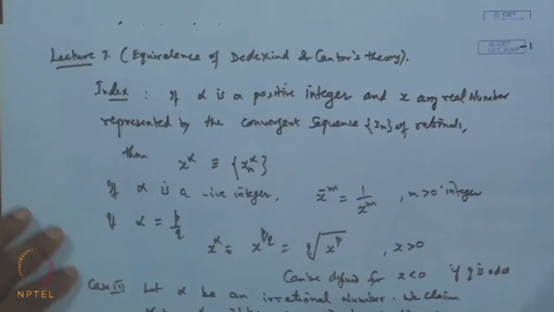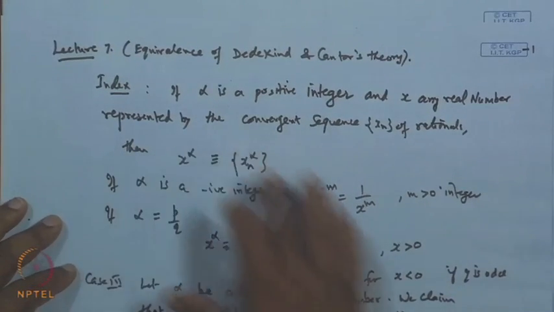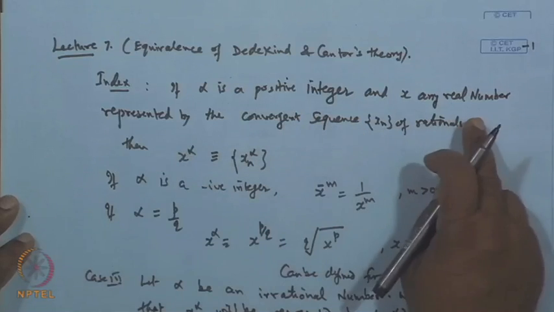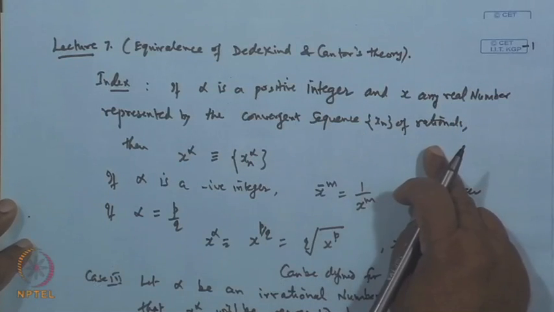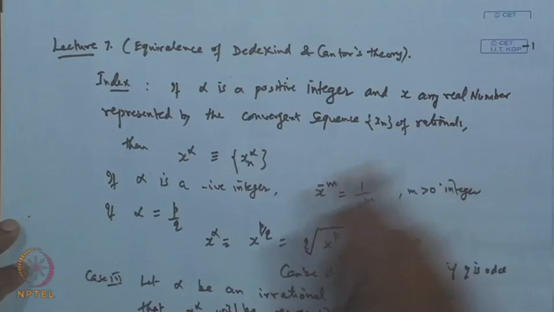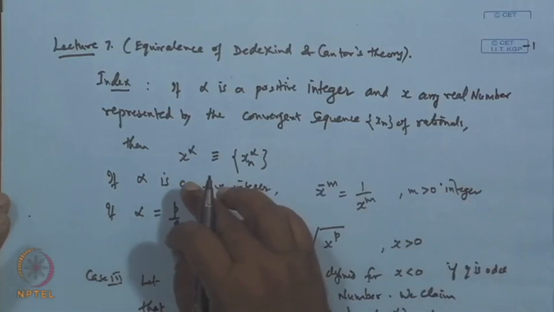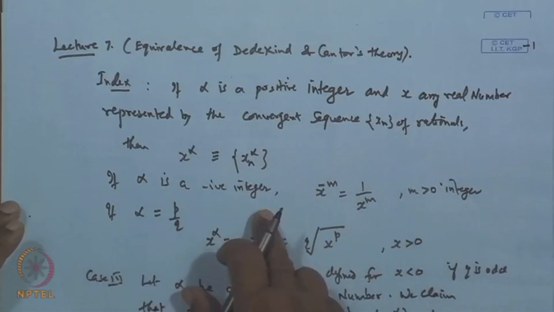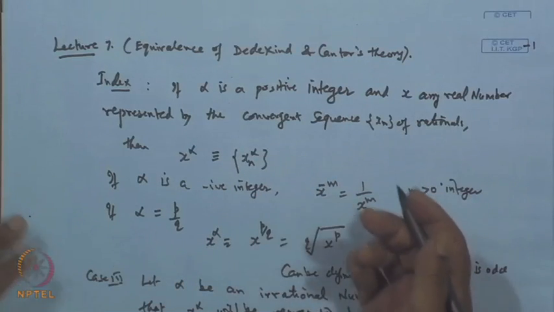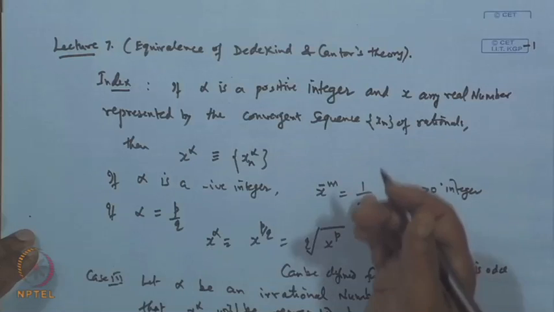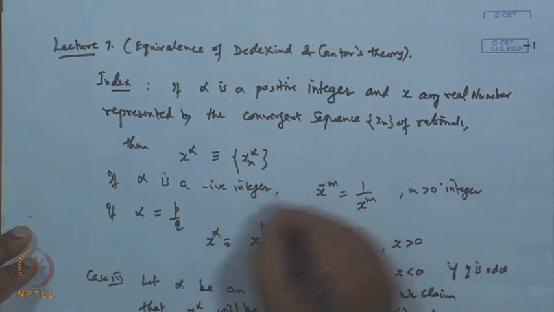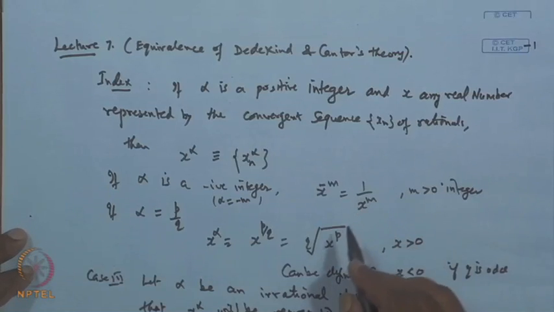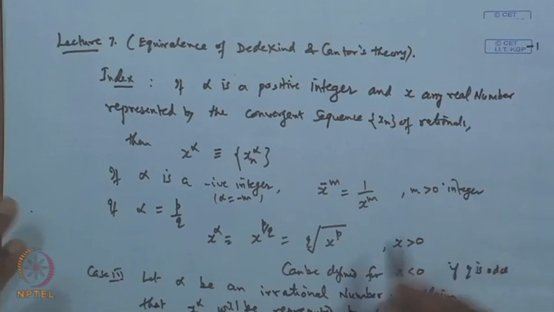I will just revise it, but we have already discussed this part. When alpha is a positive integer and x is any real number represented by a convergent sequence x n of rationals, then the x to the power alpha will be represented by x n to the power alpha. If alpha is equal to minus m, then x to the power minus m is 1 upon x to the power m, where m is an integer.